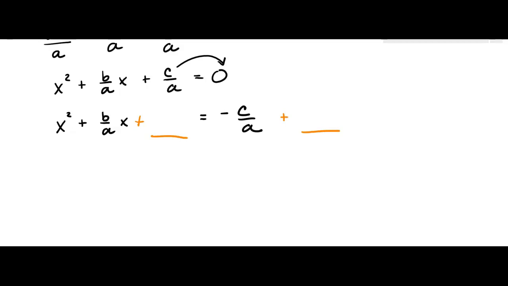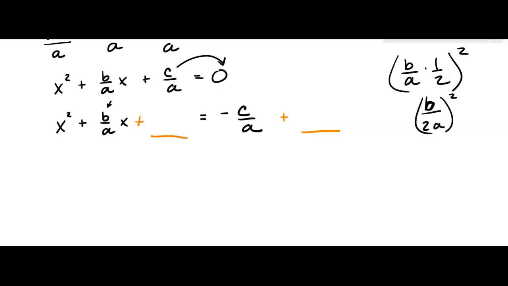Okay, when we talked about how to do this, we said you take the b over a, and you're going to divide it by 2, but we're going to multiply by 1/2, and we're going to square it. So when we do that, we get b over 2a, and then we're going to square that. And that's b squared over 4a squared.